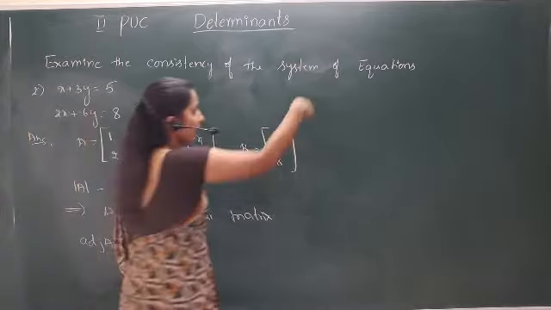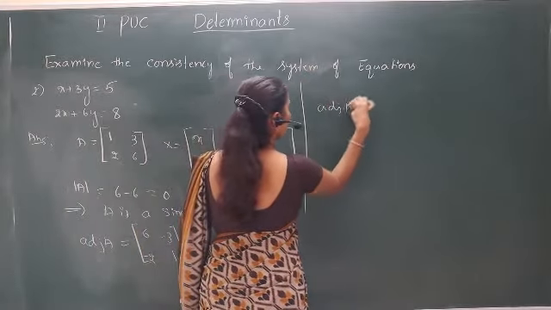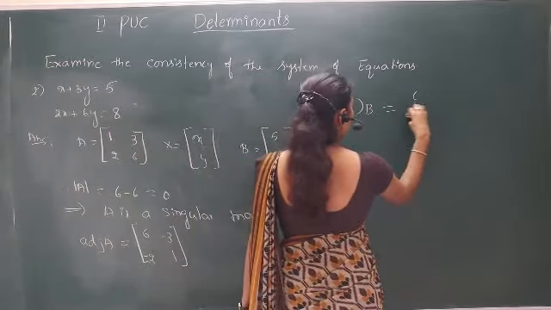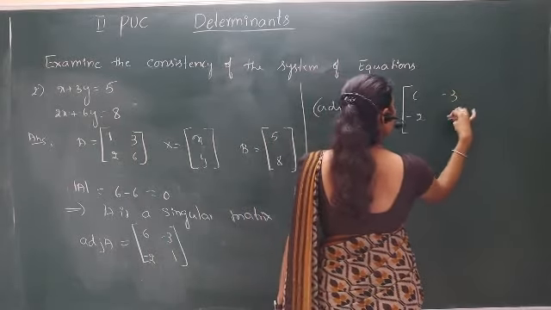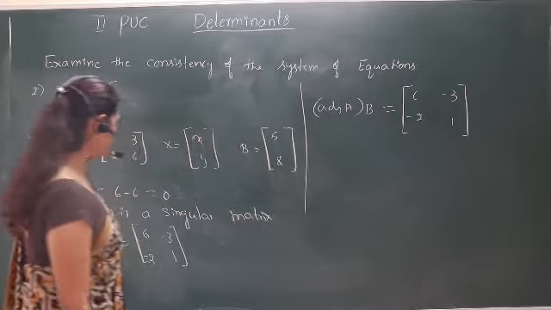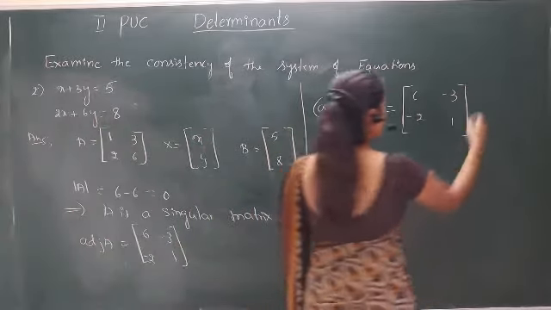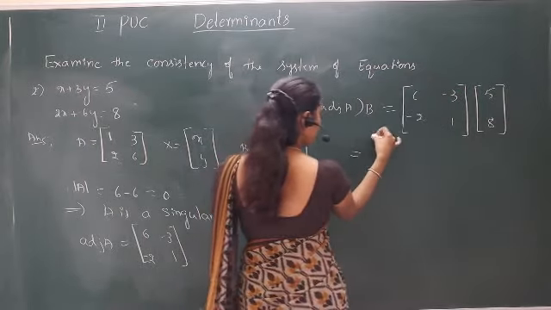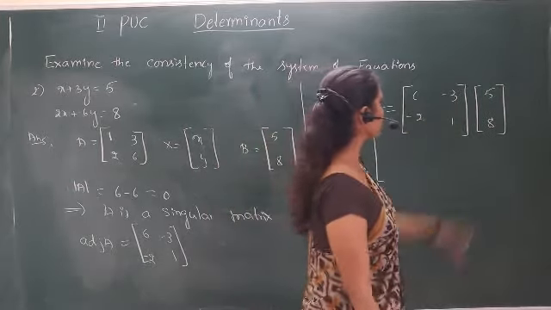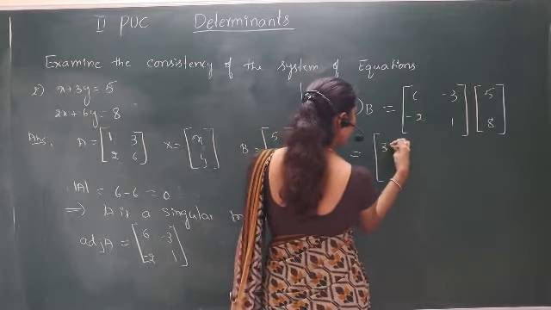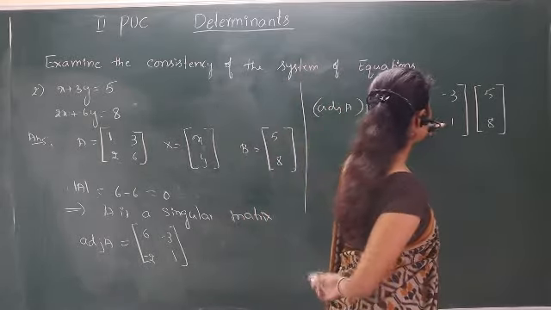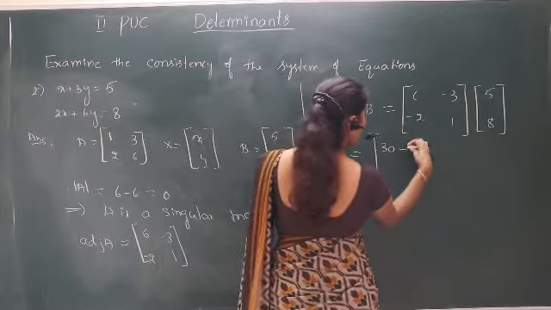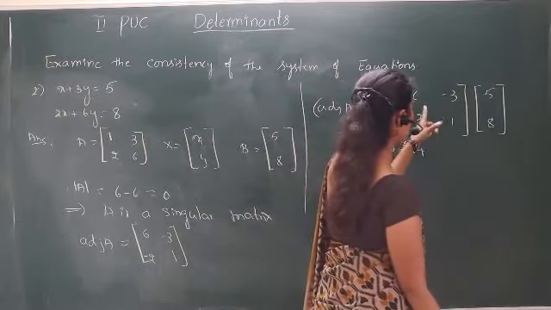After that, we have to calculate adjoint of A into B. So adjoint of A into B is the matrix 6, minus 2, minus 3, 1, multiplied with the matrix B. So the first element: 6 into 5 is 30, then minus 3 into 8 is minus 24, that gives 6.